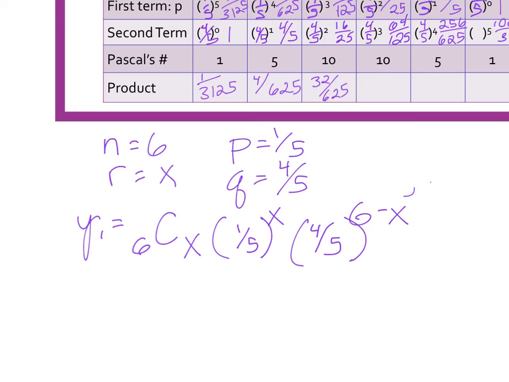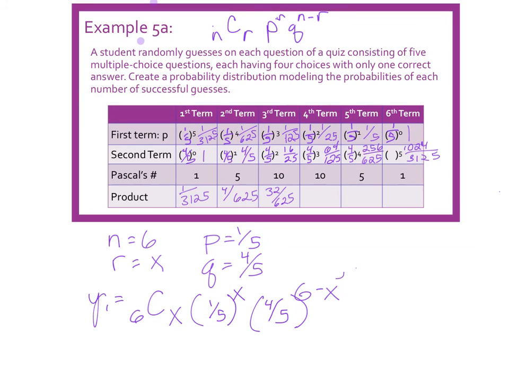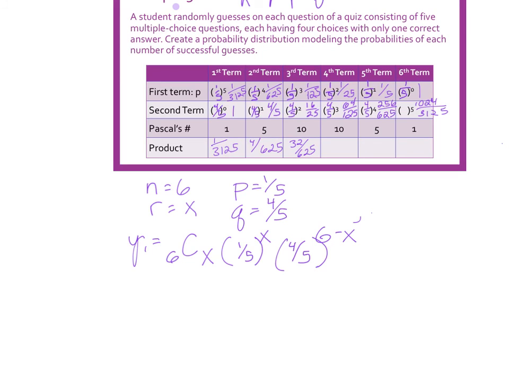Parenthesis, 1 divide 5, parenthesis, to the, that's that little caret symbol above the divide, x, step out of the exponent, parenthesis, 4 divide 5, close parenthesis, to the, again, the small caret above the divide sign, 5 minus x. Is it 5 or is it 6? 5 multiple choice questions, so yes, it's 5. All right, and then we go second, once we've got it all typed in, table.